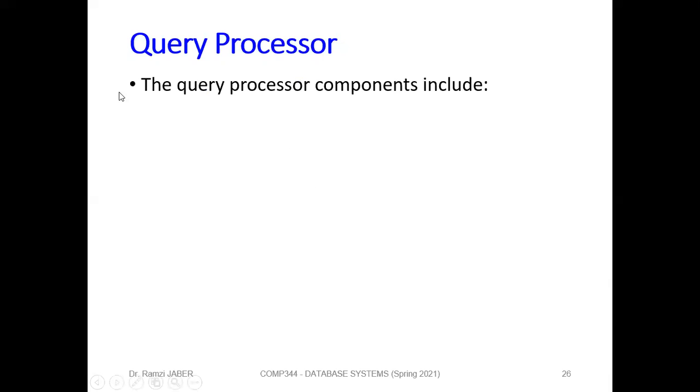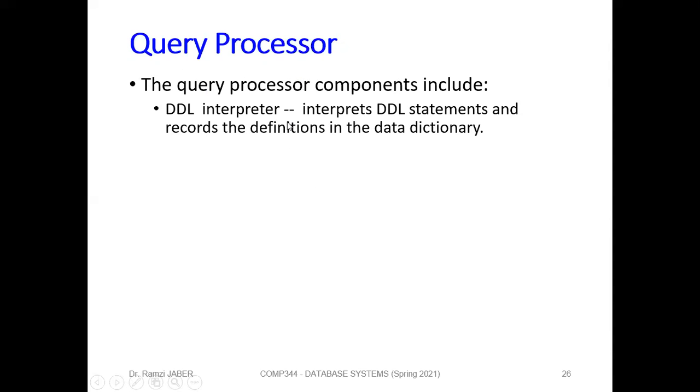Now we'll go to the query processor. Query processor components include the DDL interpreter, as we said before, the database language, the first language interpreter. It's not a compiler, it's an interpreter, line by line. The code is converted to the database line by line by the interpreter. It interprets DDL statements and records the definitions in the data dictionary, building the data dictionary.